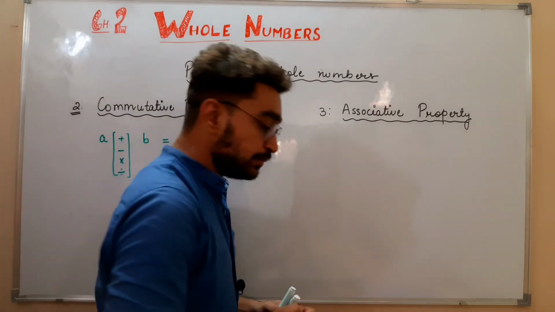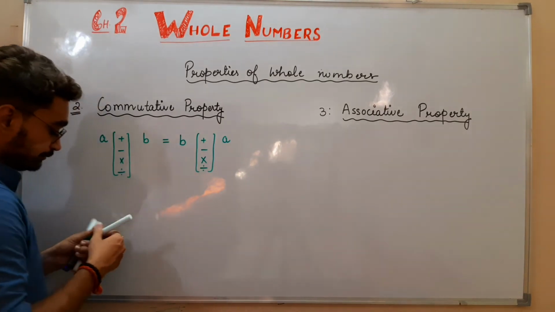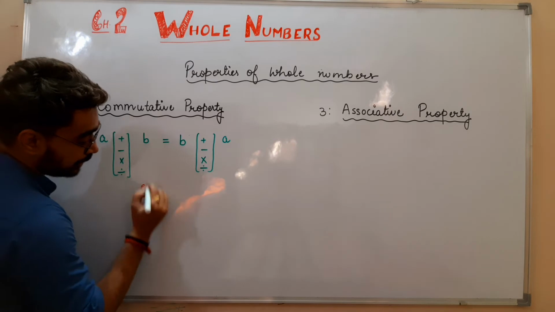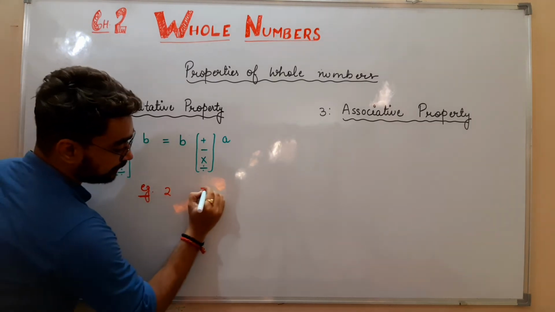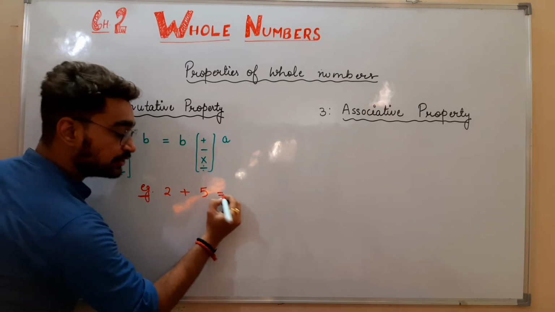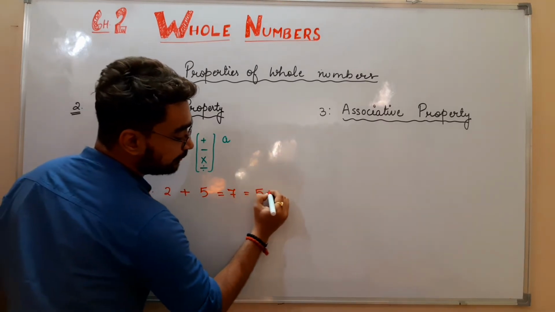For example, I am taking two smaller numbers, 2 and 5. I will add them. 2 plus 5 is equal to 7, or I can write 5 plus 2.